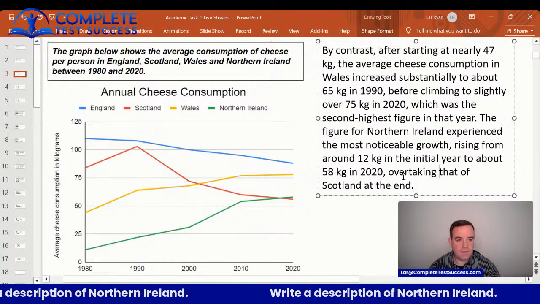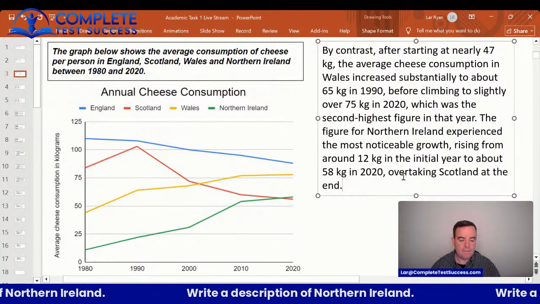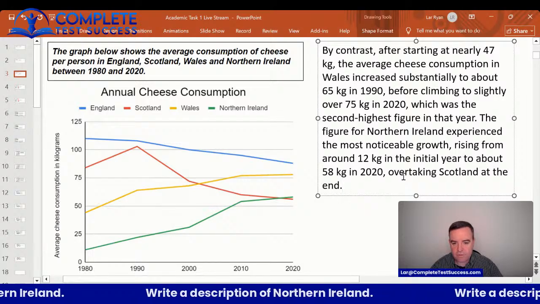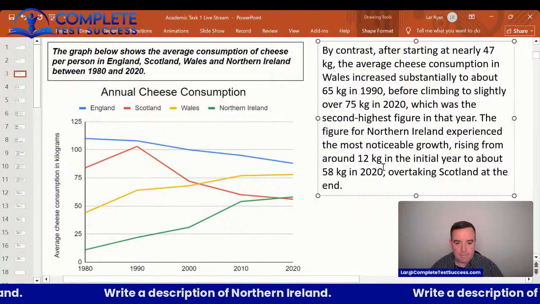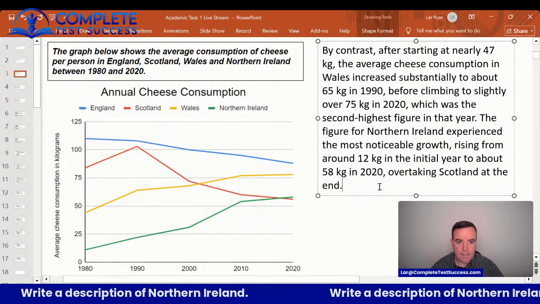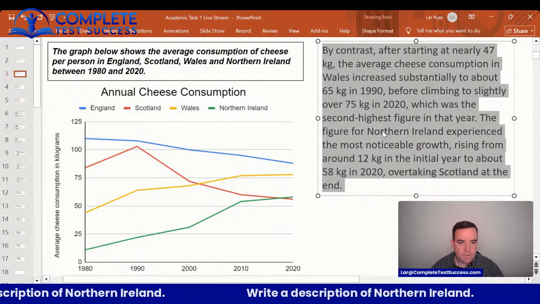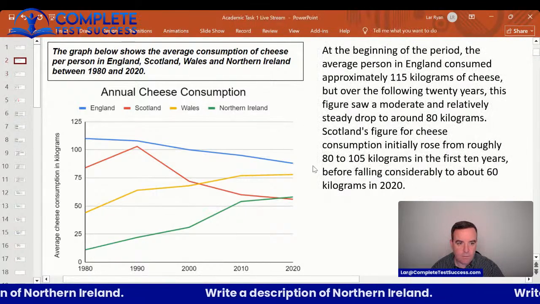You'd say that of, but like the figure for Scotland, or just overtaking Scotland at the end. That's fine. Do we want to include an extra year? I mean, we could include 2010 as well. Let's not. Let's say that's enough. Okay. So that was our second body paragraph.